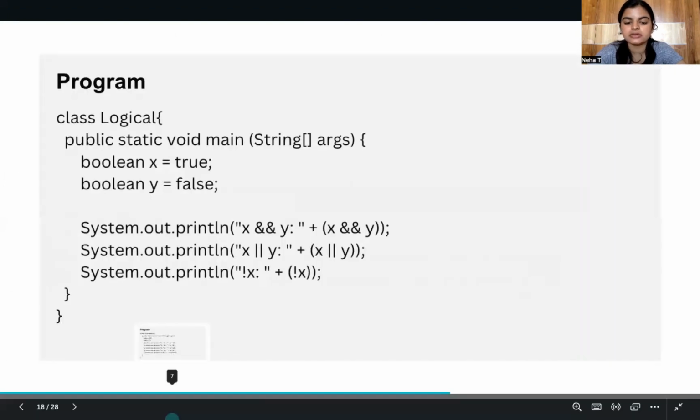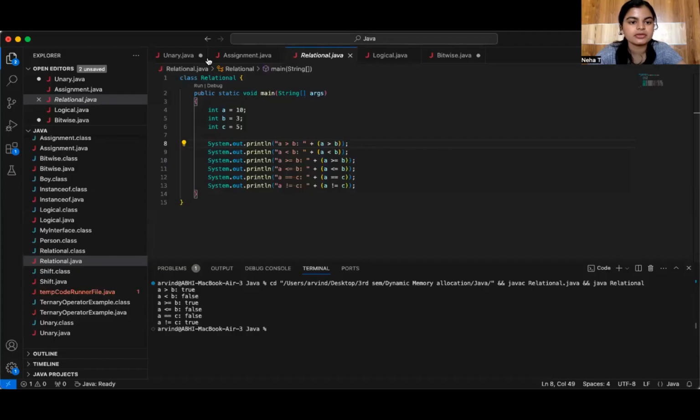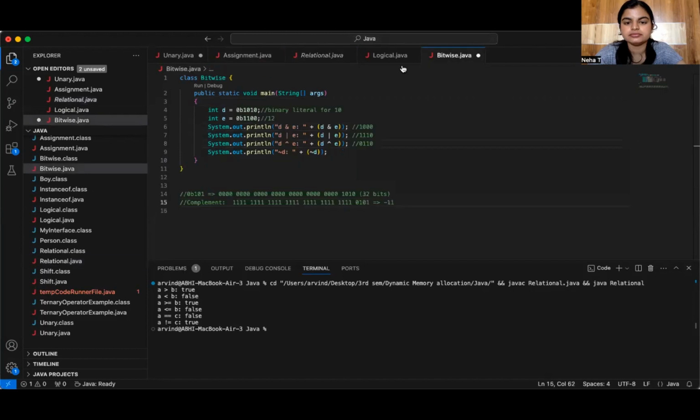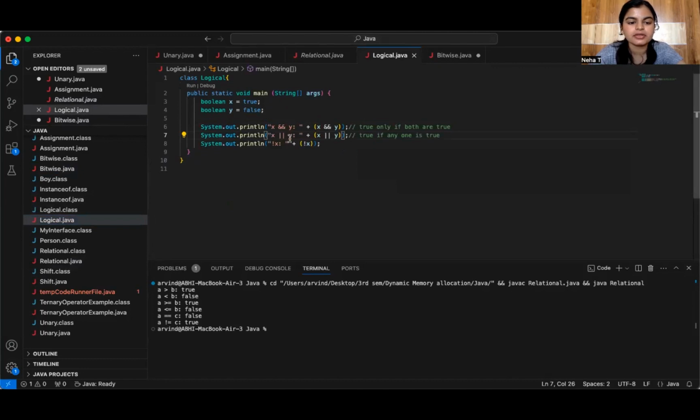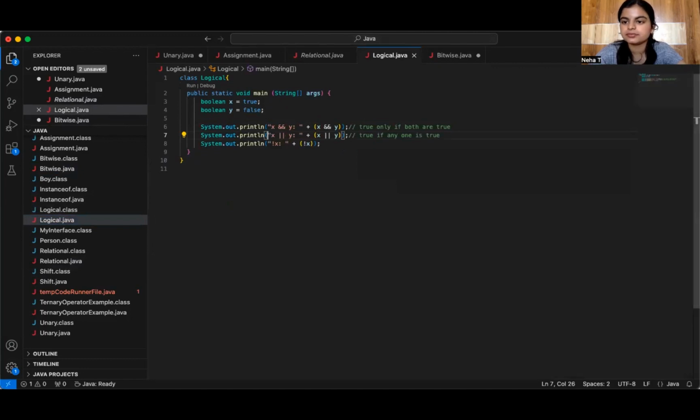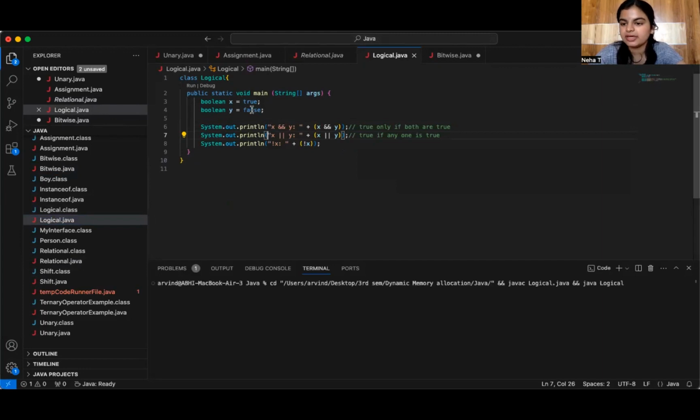This is the program for logical operators. We have taken x as true and y as false.